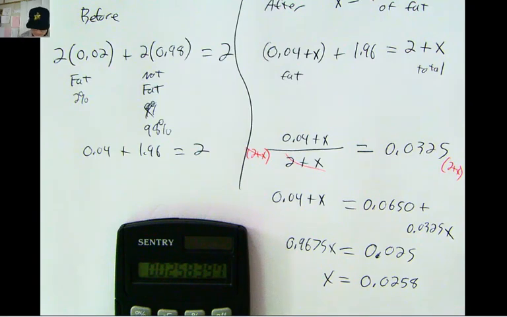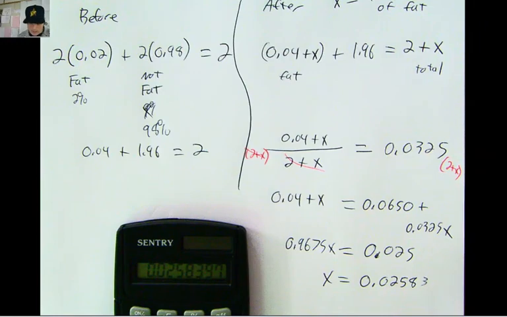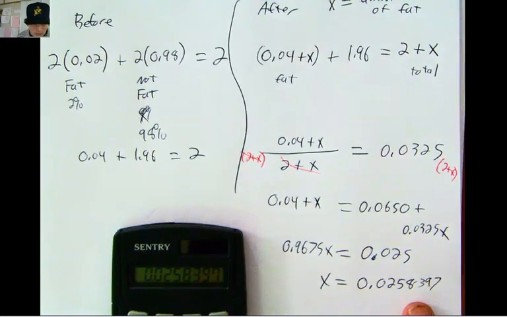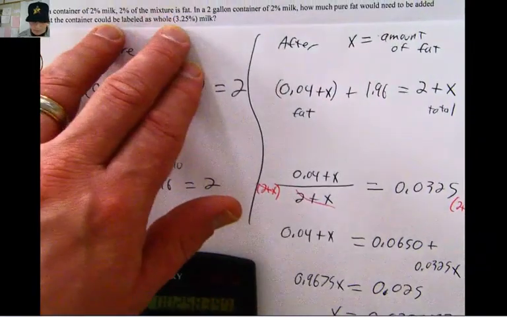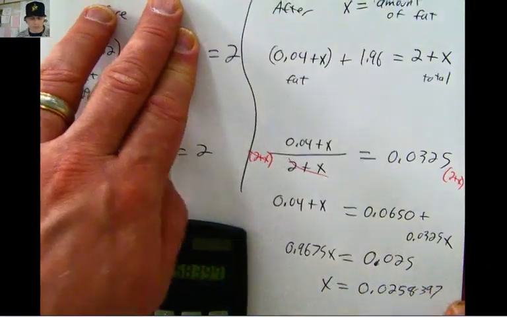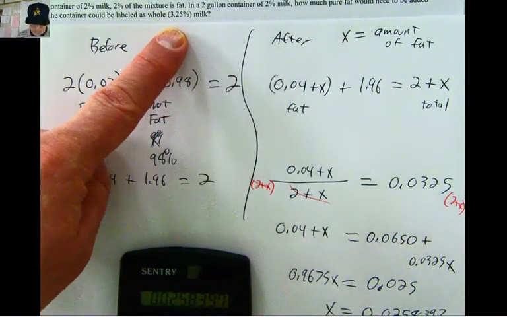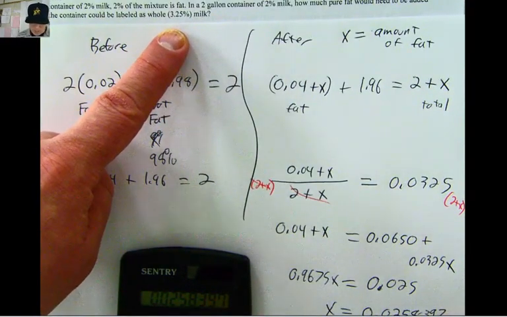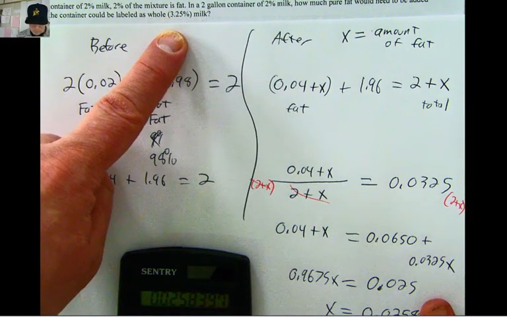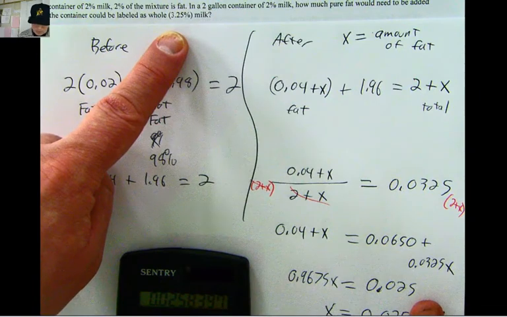Now, the next number after that is 3. If I add 0.0258397, this is what my calculator tells me, so if I add this much, and if this decimal went on forever, that would give me exactly 3.25% milk. But I normally ask for 3 decimal spots.